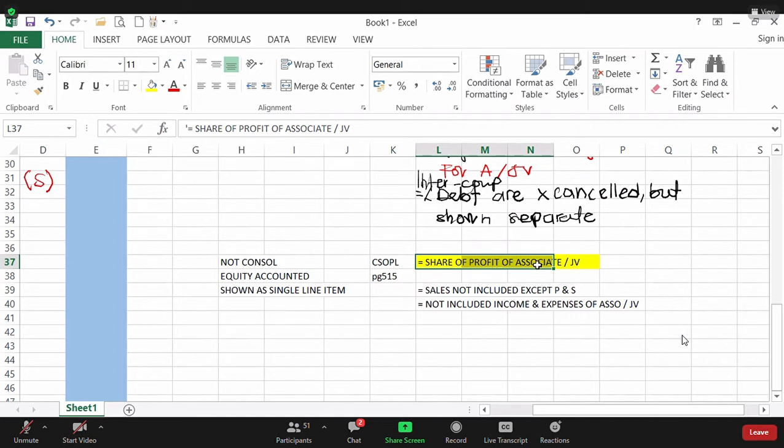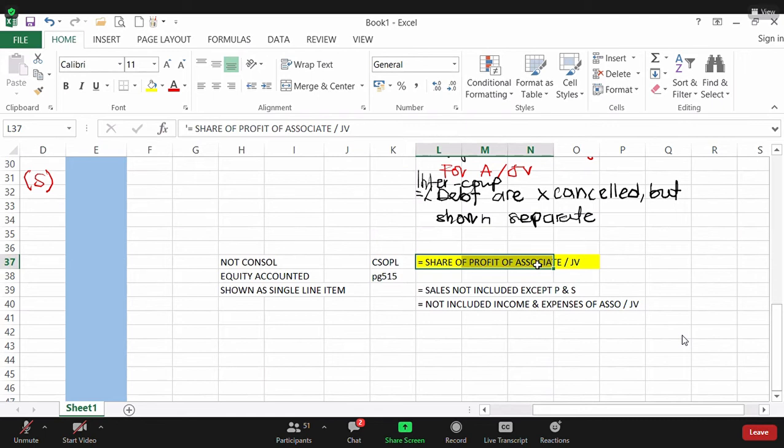Now, just look at the revenue. Revenue is turnover. 1.2 is for who? It is for holding, right? 1.2 million. Plus with who? 800. 800 is who? Subsidiary. That's all. You do not add associate's 400 for sales. That is what I mean, not included.